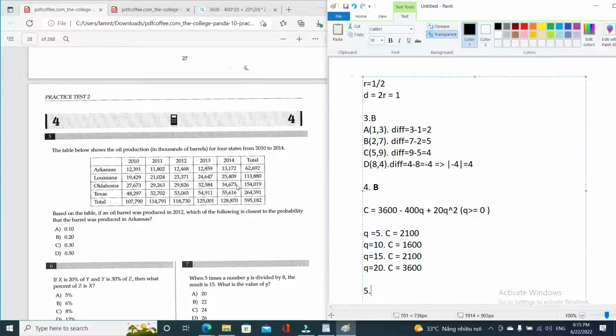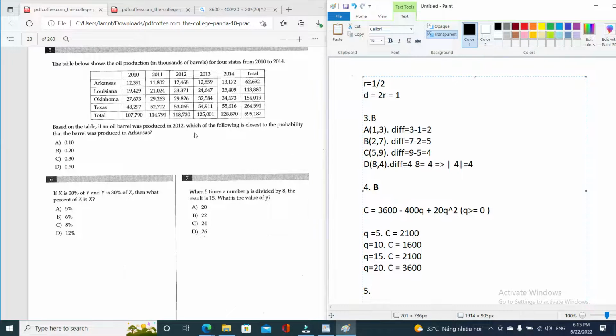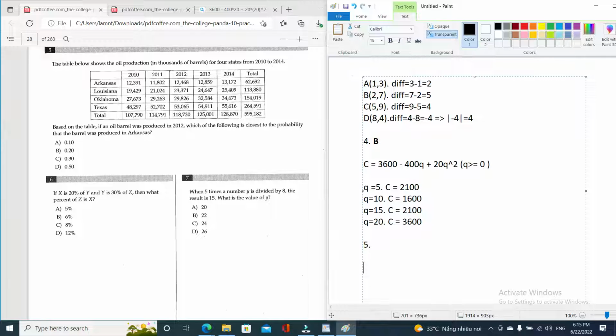They ask about the probability that, of all the barrels produced in 2012, what is closest to the probability of the barrel being produced in Arkansas? So we only take the 2012 number. We're going to take the production of oil in Arkansas in 2012, which is 12,468, divided by the total sum of 2012.